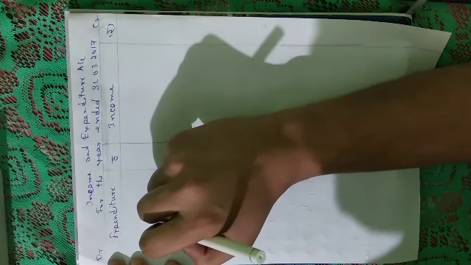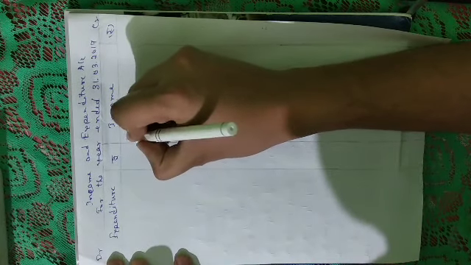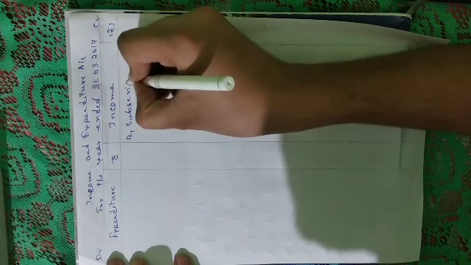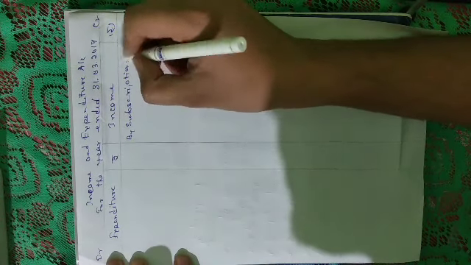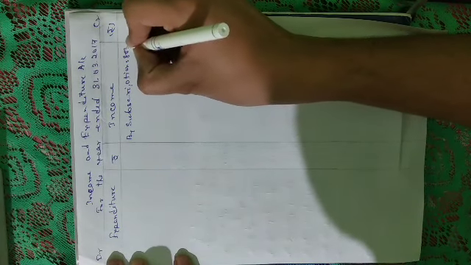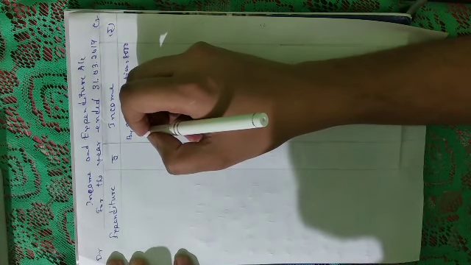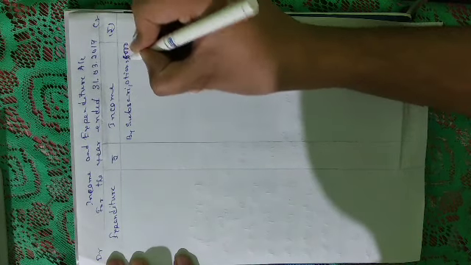As I told you, first we have to write subscription. By subscription, amount is rupees 8,000 and additional information is also given. Sorry, subscription amount is rupees 6,000.